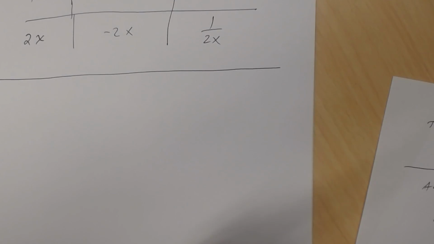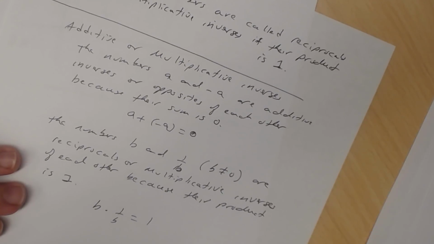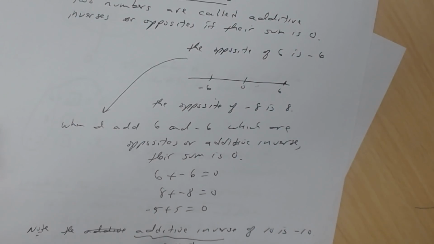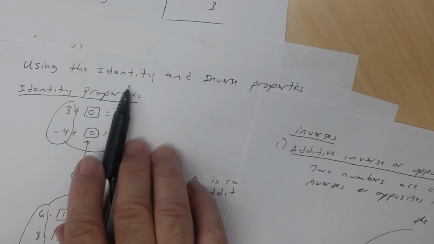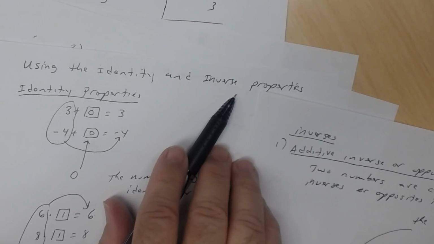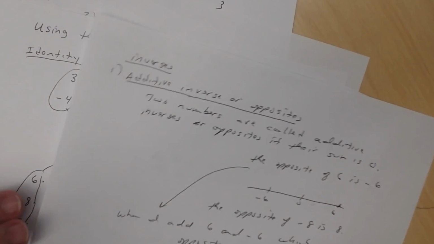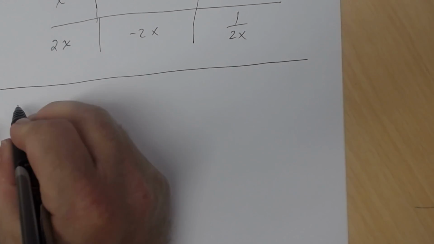Actually, we're going to do that in another lesson. So let's stop this lesson, because all this was about was discussing the identity and inverse properties. Well, let's go ahead and do it now because some of these involve this, and it won't take that long. So let's just name the properties.